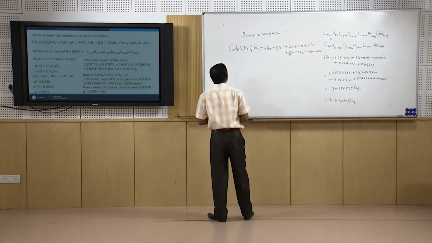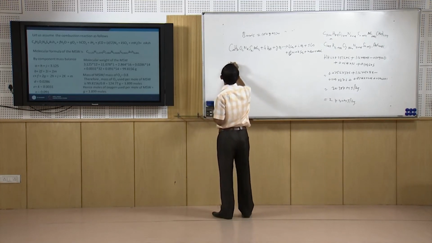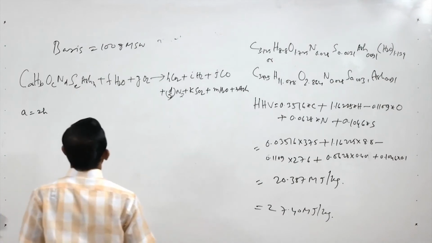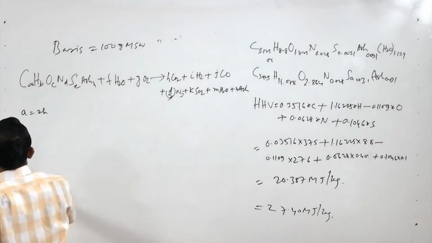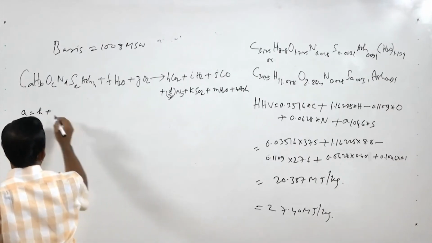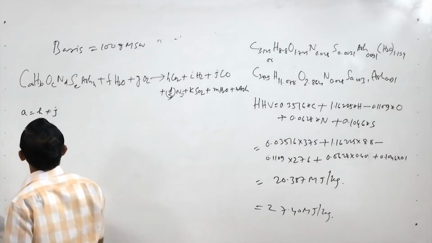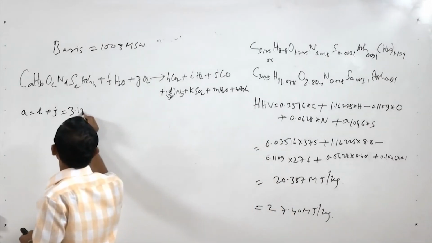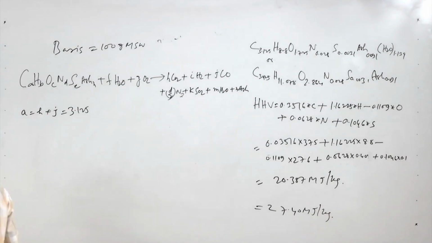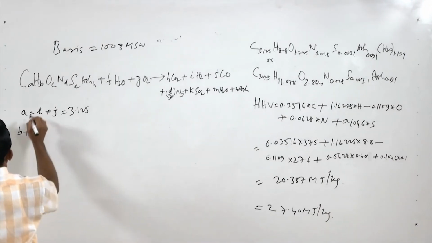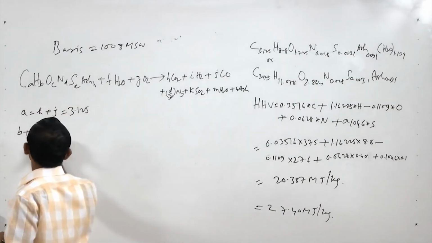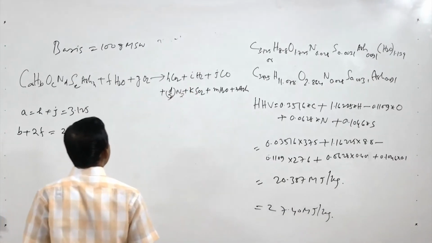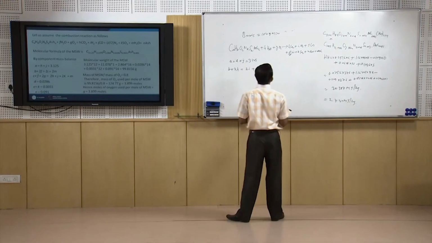If we do the elemental mass balance, for carbon balance we can write a is equal to h plus j, and a is equal to 3.125. Next we do hydrogen balance: left hand side is b plus 2f, right hand side is 2i plus 2m.